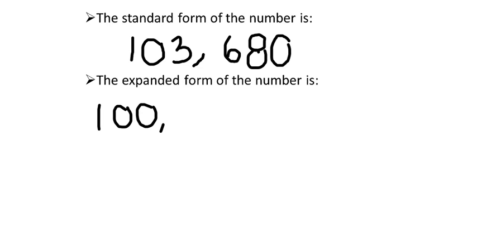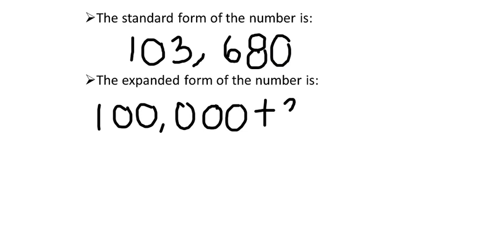So it would be 100,000. Remember that 100,000 has 5 zeros, plus the next number that we have is a 0 right here. But we're not going to write the zeros. We're just going to write the following number, which is not a 0. It would be the 3, and the rest of the numbers here we turn into zeros.